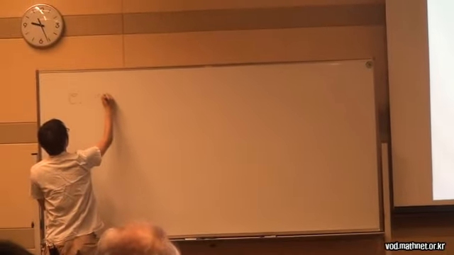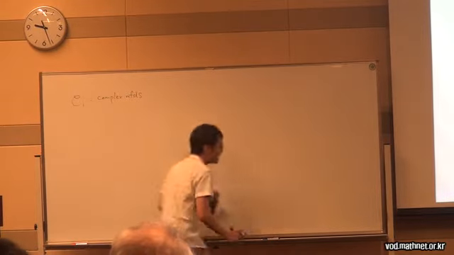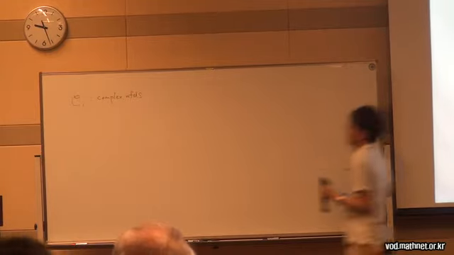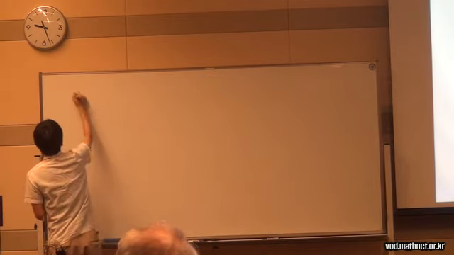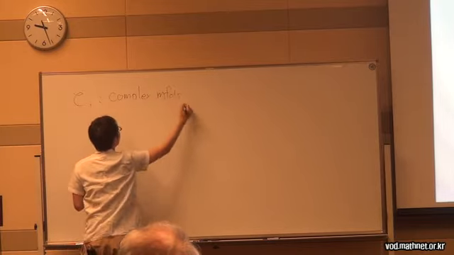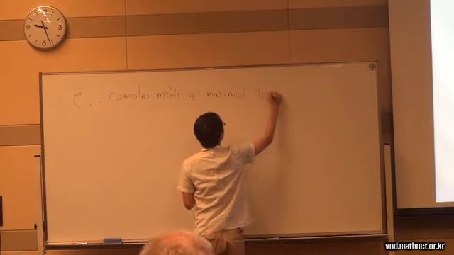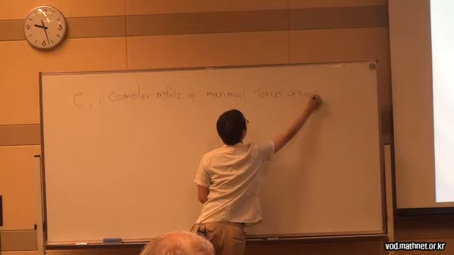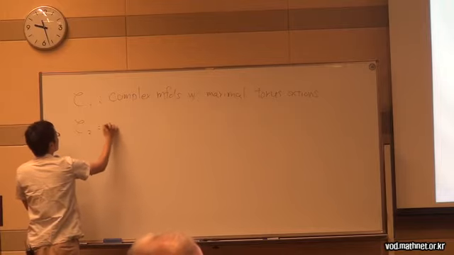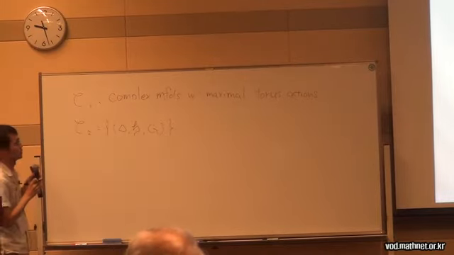So C1 is the set of complex manifolds with maximal torus actions, and C2 is the set of triples satisfying certain properties.